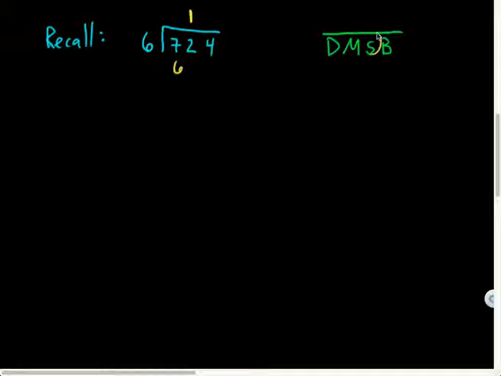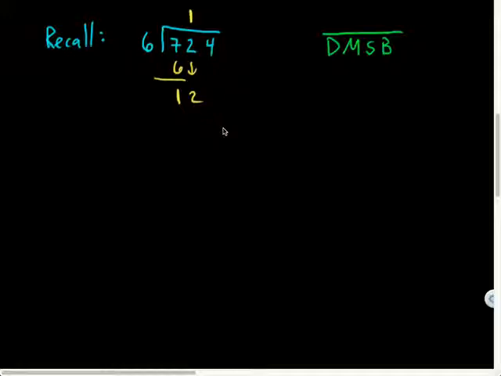Next step is subtract. I draw this little subtract bar here. 7 minus 6 is 1. Then bring down the 2. So I've completed 1 full cycle of divide, multiply, subtract, bring down.